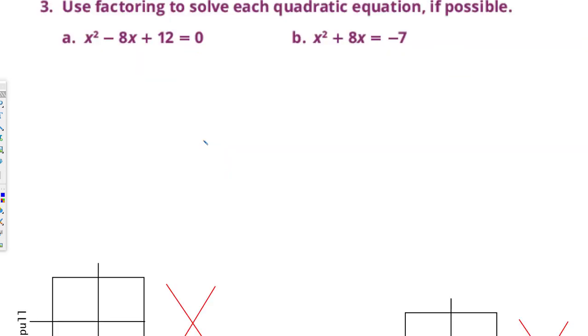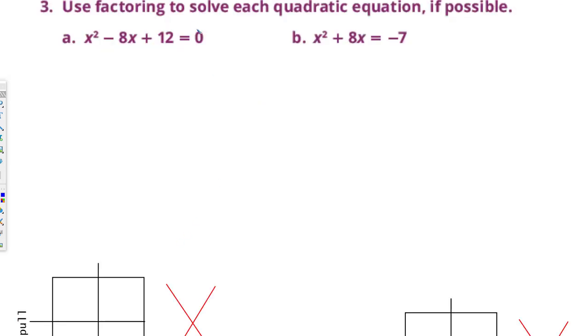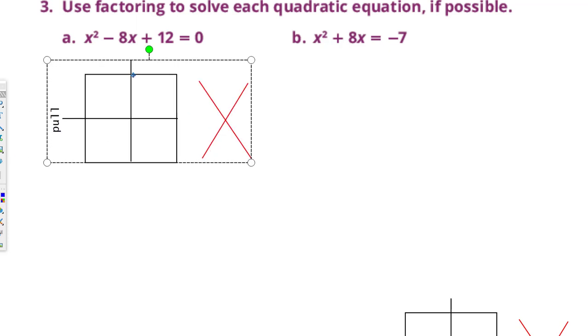I want y'all to do the next two, A and B. So on that first one, do I have to do anything extra? So I just go straight to my factory.